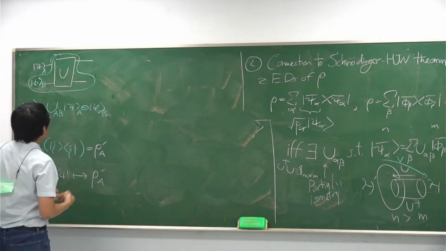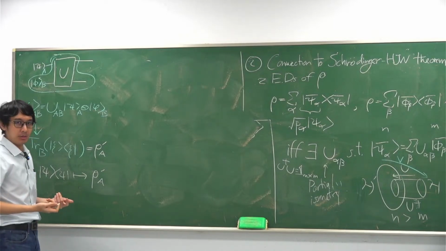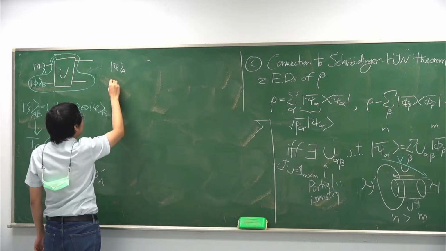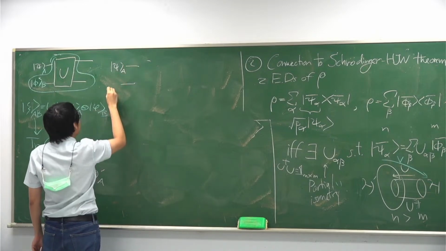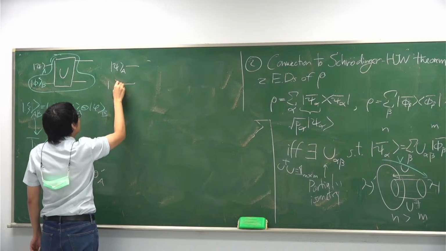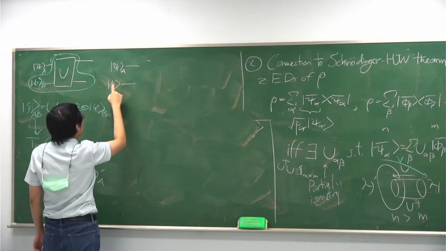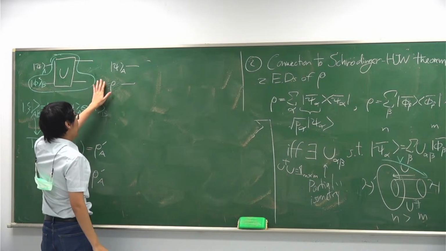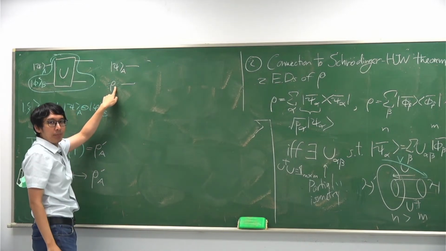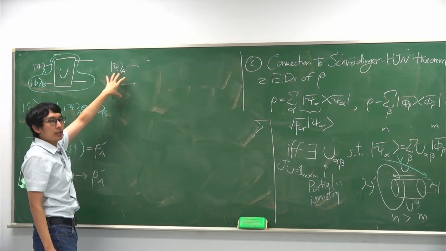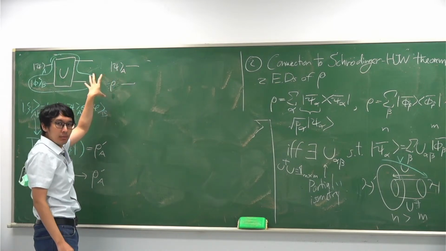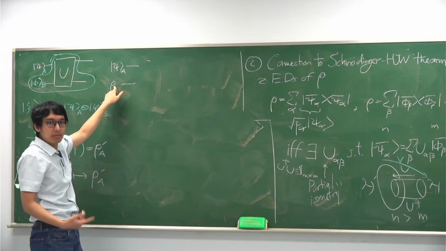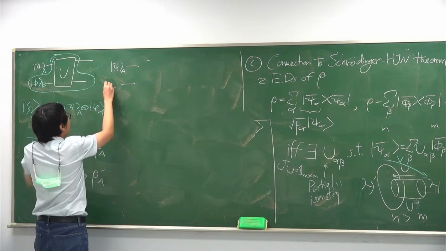Okay, and you can imagine the same with measurement too, right? I can have a state and then I bring in some ancilla. Again, it can be anything. It can be rho, but if I don't want to work with mixed states, I extend this Hilbert space until the mixed rho becomes a pure state.